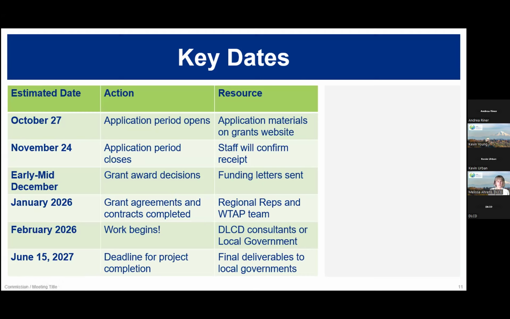And we frankly anticipate that for the most part, that work will be done by consultants, either DLCD contracted consultants or consultants hired by local governments, if folks opt into the direct grant option. And then, again, the end of the biennium, June 30. So the deadline for project completion and final deliverables under this project is June 15 of 2027.